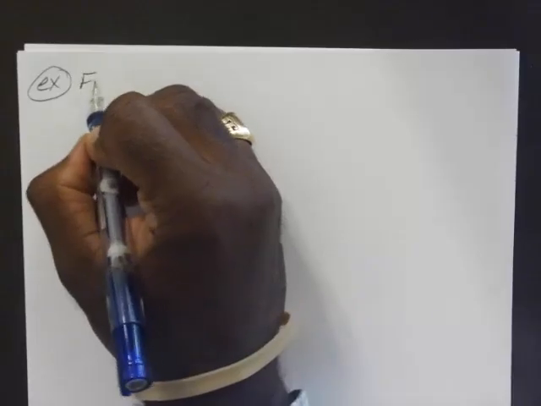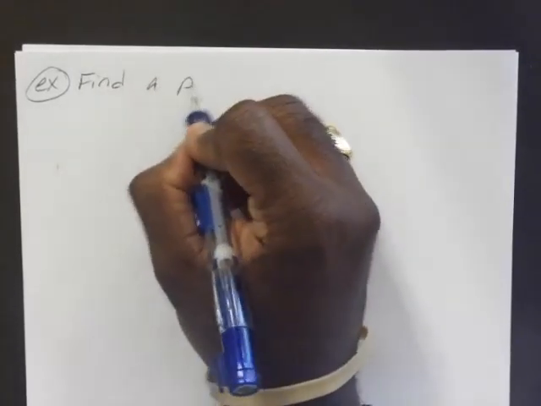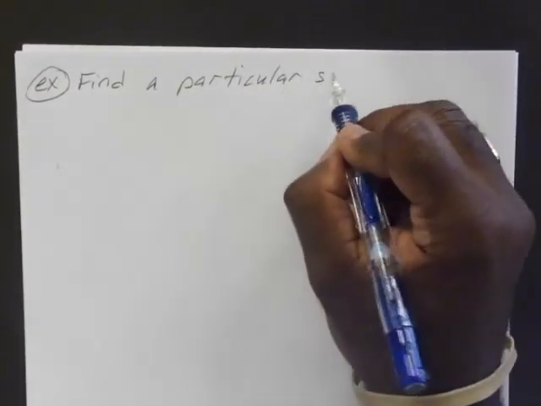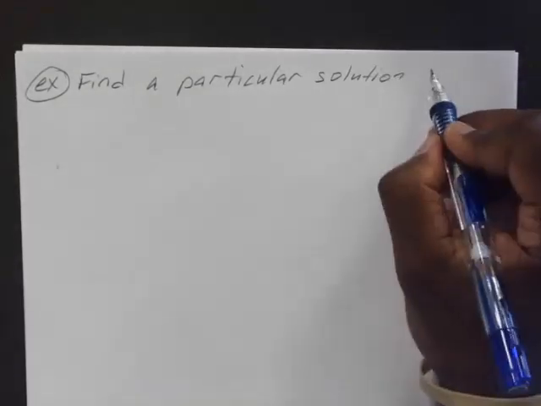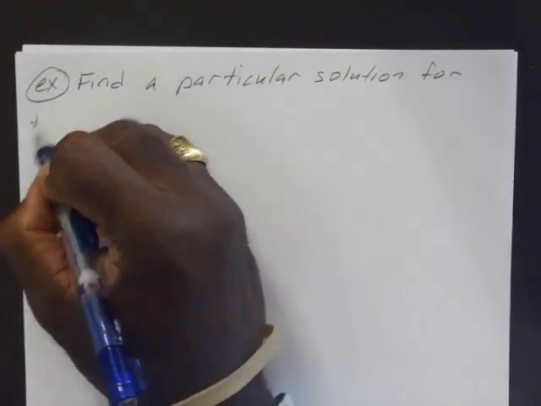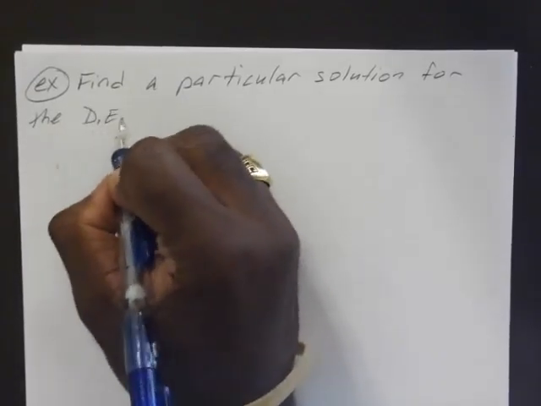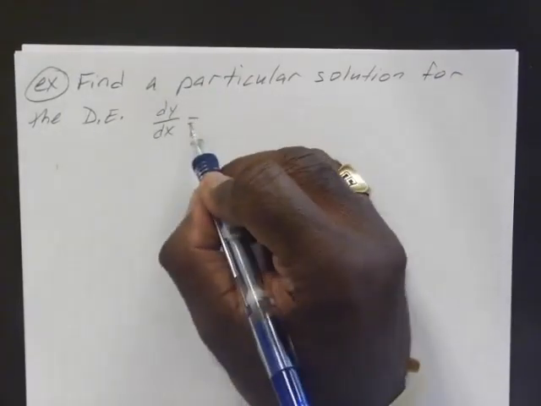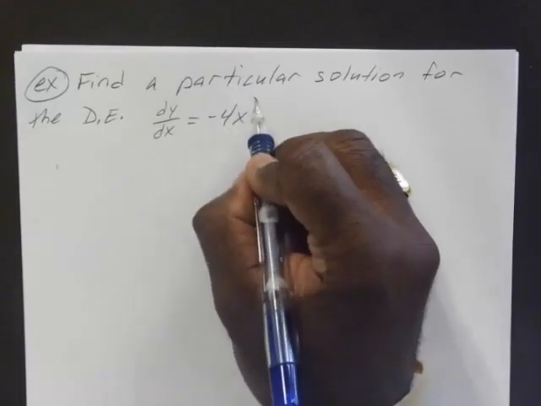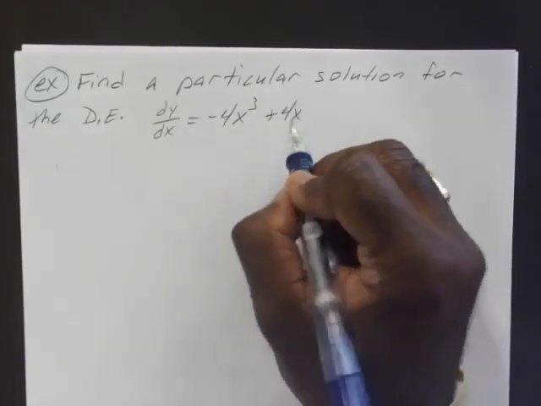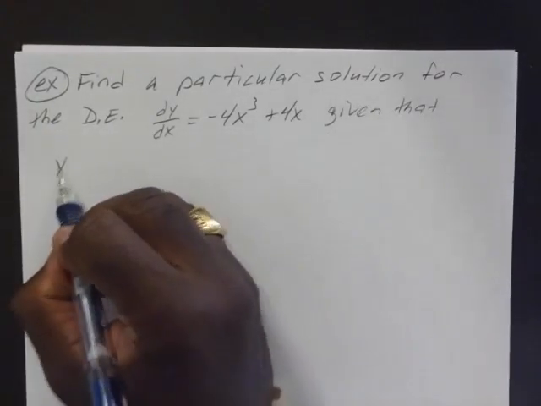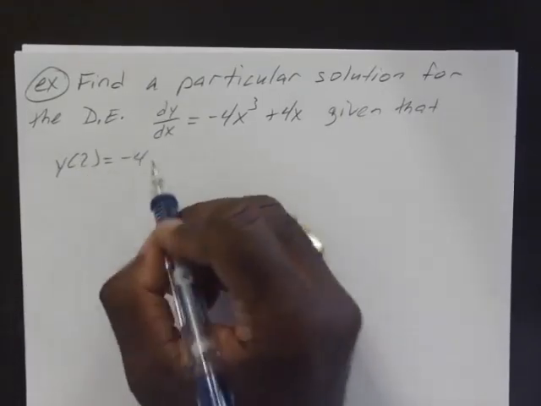So let's say we want to find the particular solution for the differential equation dy dx is equal to -4 times x to the third power plus 4x, if you're given that y of 2 is equal to -4.